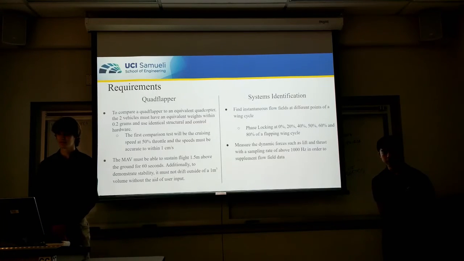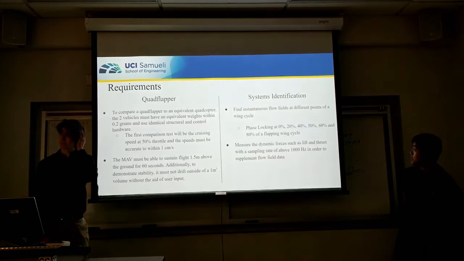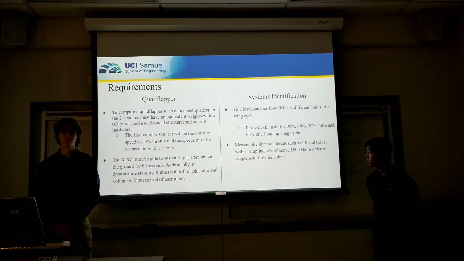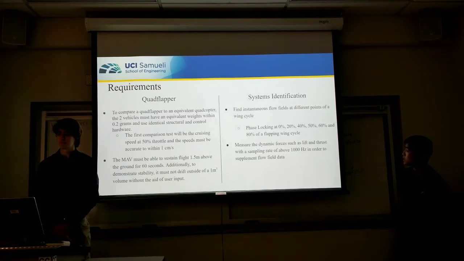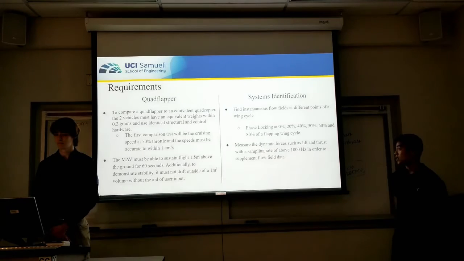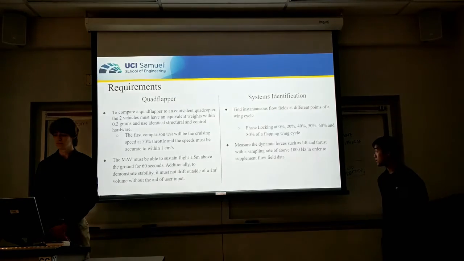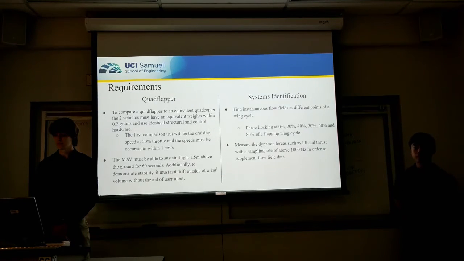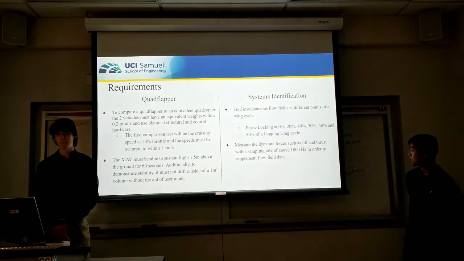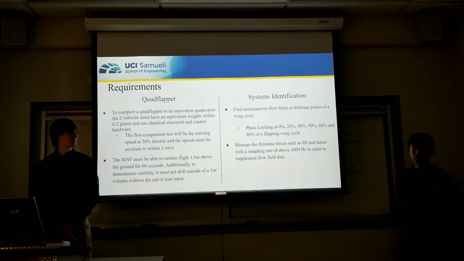For systems identification, the requirements include finding the instantaneous flow fields at different points of the wing cycle. This includes phase locking at 0%, 20%, 40%, 50%, 60%, and 80% of a flapping wing cycle, and measuring the dynamic forces such as lift and thrust with a sampling rate of above 1,000 Hertz in order to supplement flow field data.